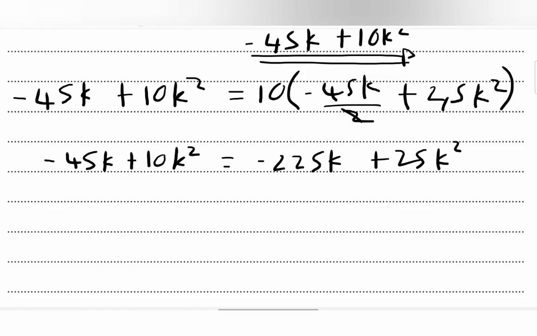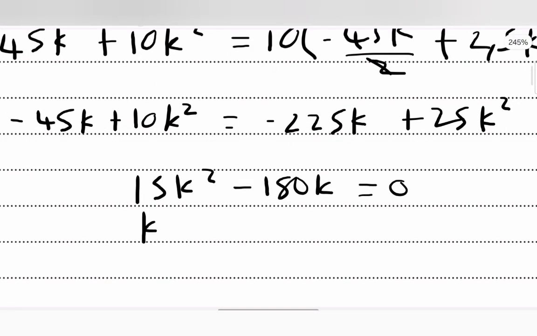Now taking everything to the right hand side, we get 15k squared, then minus 225 plus 45, which is minus 180k, is equal to 0. And from this point now, we just factor out k to get k times 15k minus 180 is equal to 0.